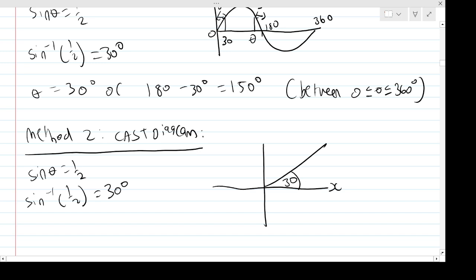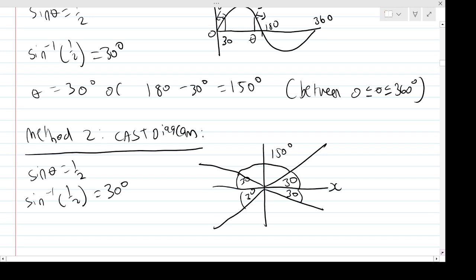Now, there are 4 other possibilities. Remember, we measure the angles from the x-axis. The other one could be there, the other one could be there, the other one could be there. That could be 30, or we could have another one there at 30. So there are 4 other possibilities. But remember, this second solution in the second quadrant would correspond to the angle 150, right?